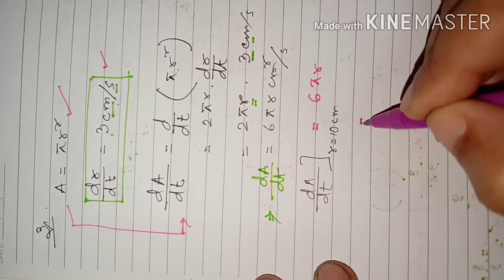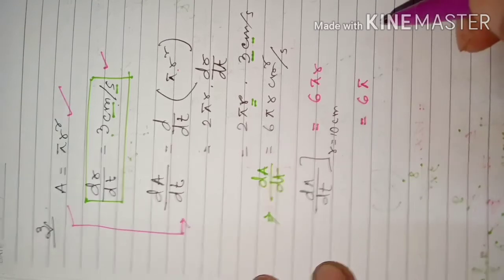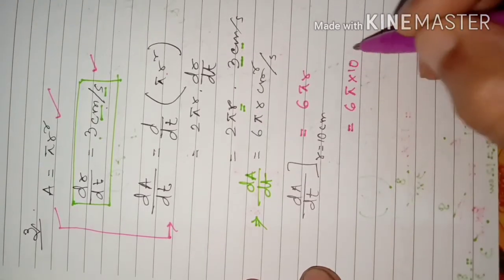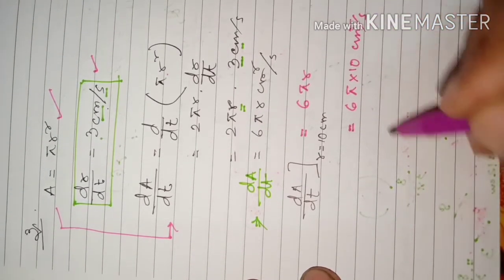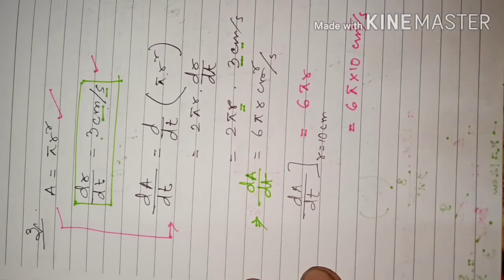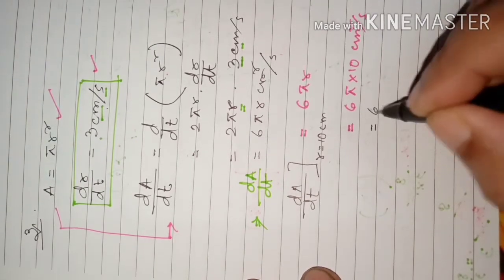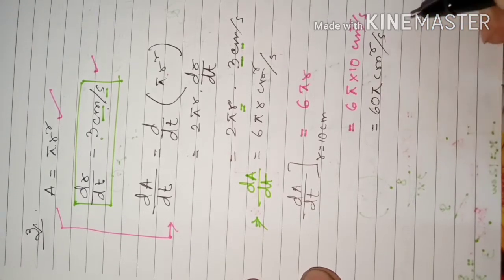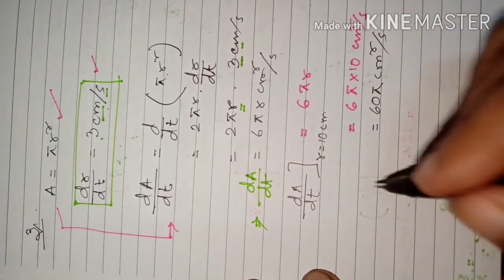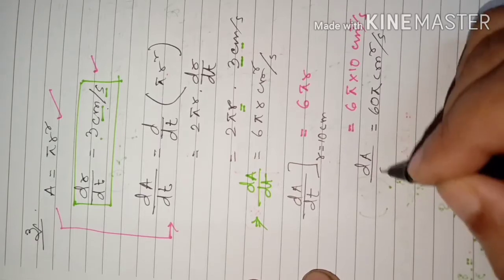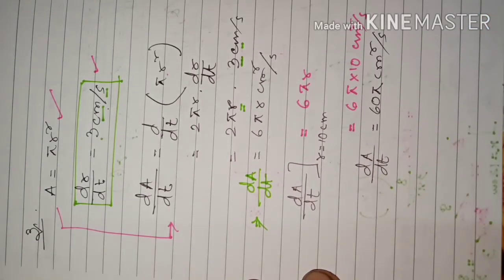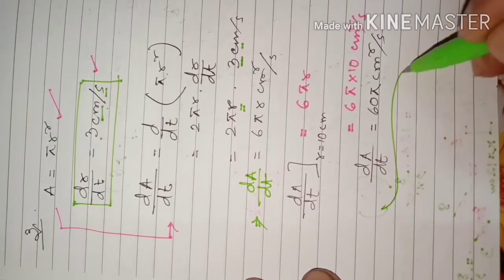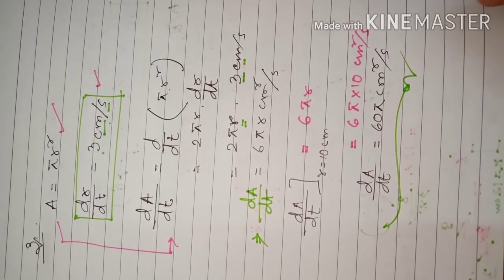Then it will be 6 pi into 10 centimeter square per second. That will give us 60 pi centimeter square per second. This is dA by dt, rate of change of area with respect to time.